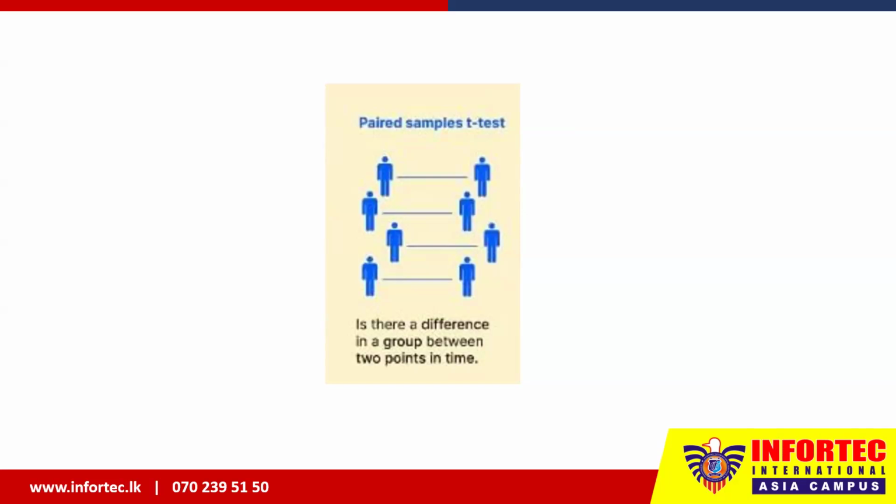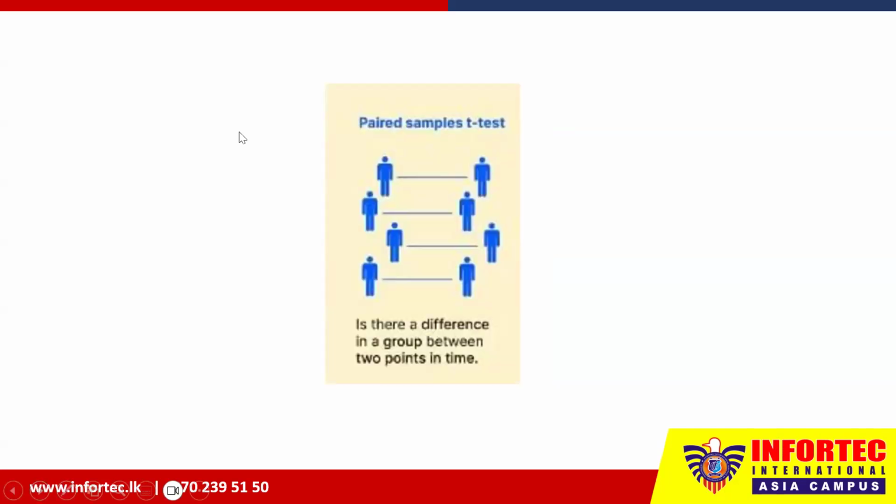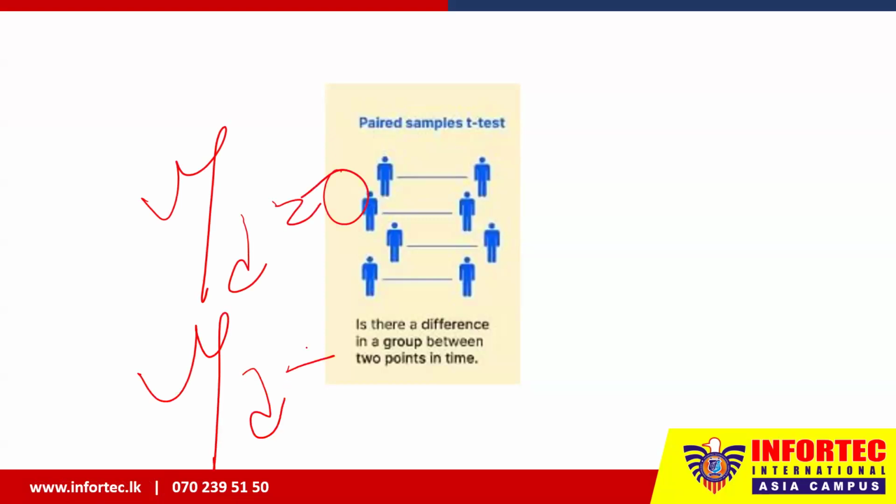If you have independent samples, you perform the independent sample t-test. If you have dependent samples, you should perform the dependent sample t-test. Here the null hypothesis is mu d equals 0, and the alternative is mu d is unequal to 0.